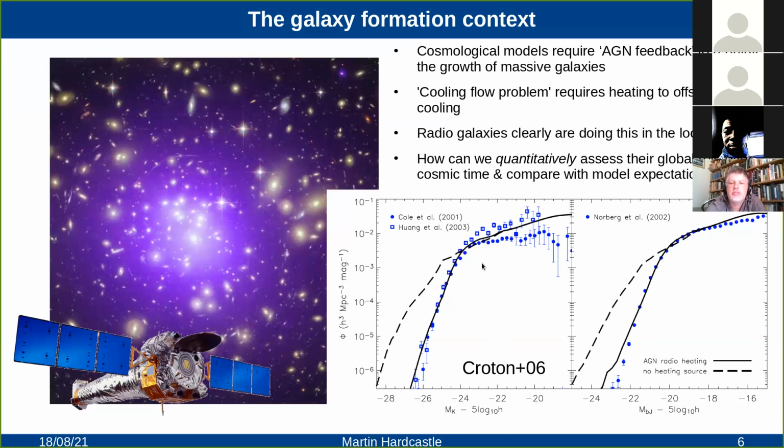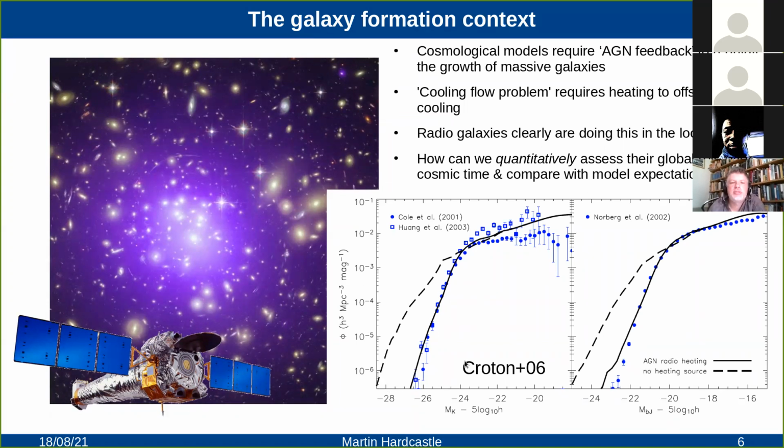These are taken from an old paper by Darren Croton, showing what you would get if you didn't have a feedback process for a galaxy mass function, and what you actually do get. You need to incorporate AGN feedback to stop the most massive galaxies growing very much larger and brighter than they actually are. So that's one thing that AGN are needed for.